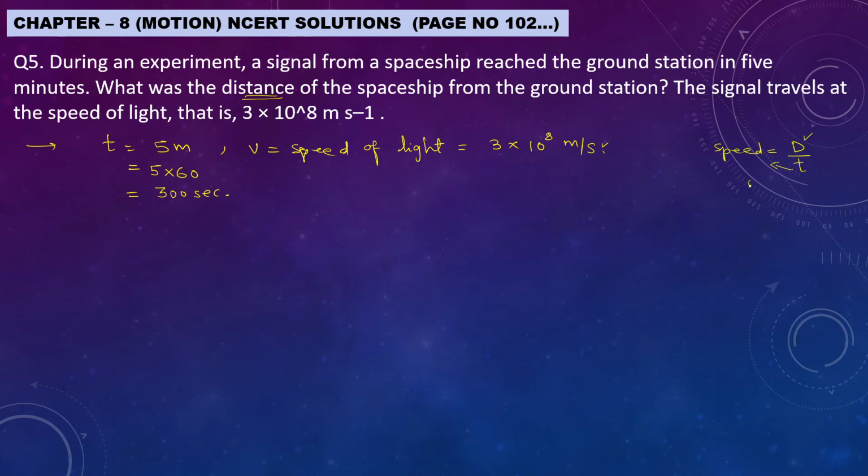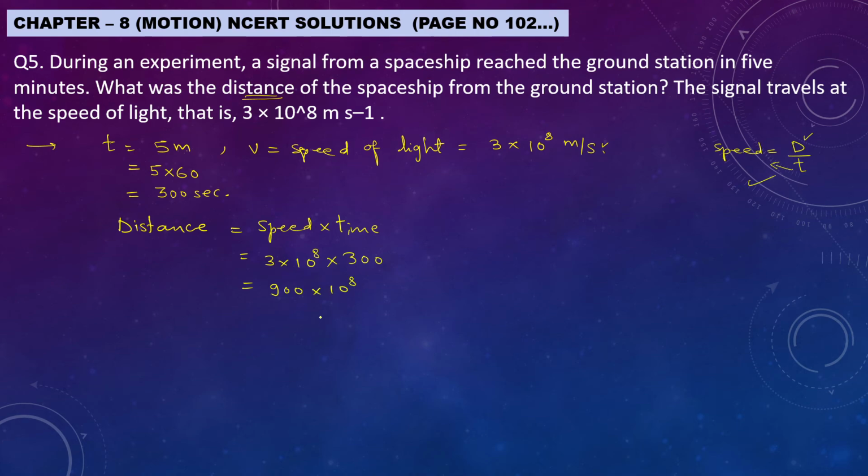Now we can apply the formula. We have distance traveled is equal to speed into time. Okay, we'll put the values. Speed is 3 into 10 to the power 8 and time is 300. Now always remember, in 8th class you have seen the scientific notation. It becomes 900 into 10 to the power 8.